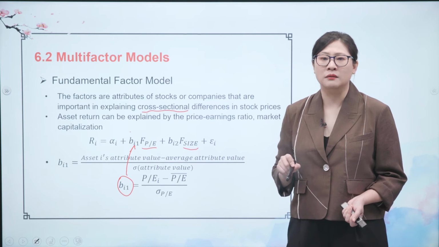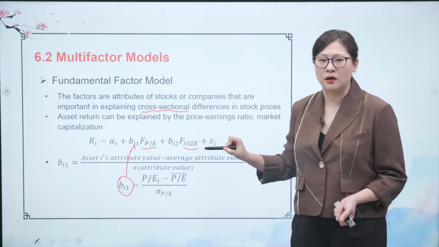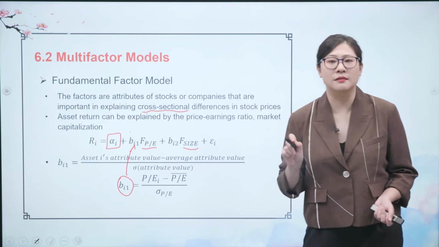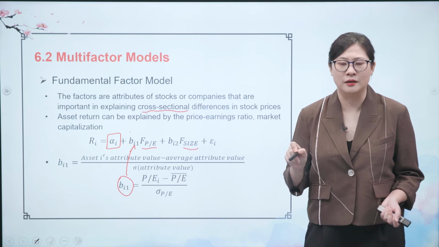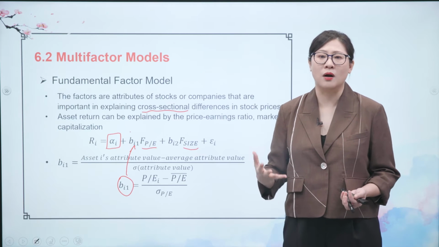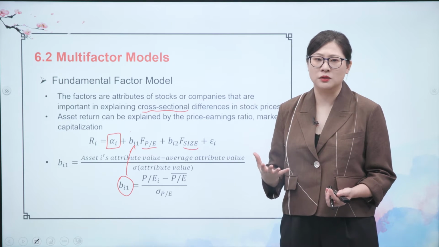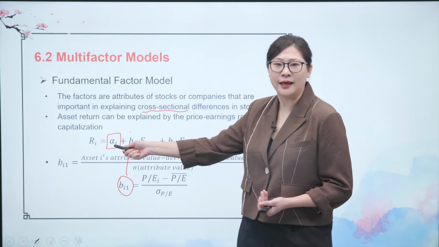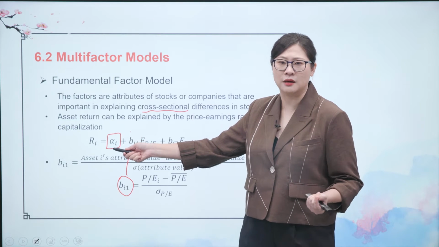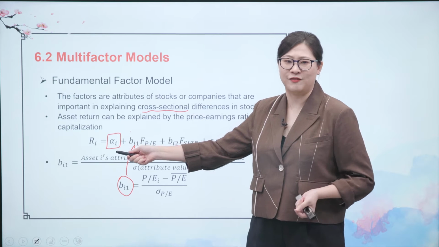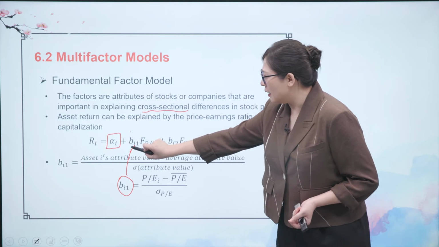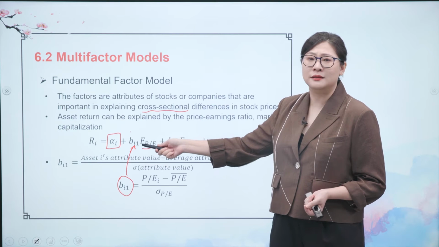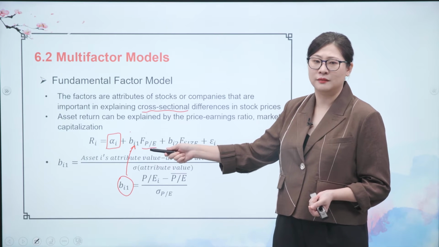So in the fundamental factor model, definitely this alpha_i is not the expected return. Compare this with the macroeconomic factor model: there the alpha_i is the expected return, and B_i is the estimated slope.